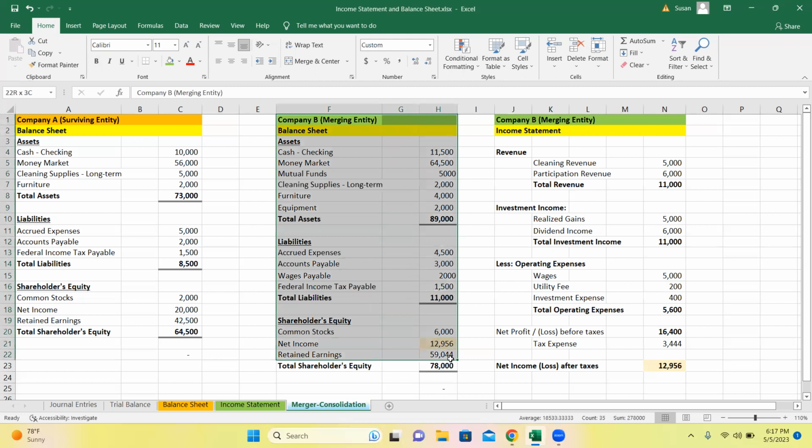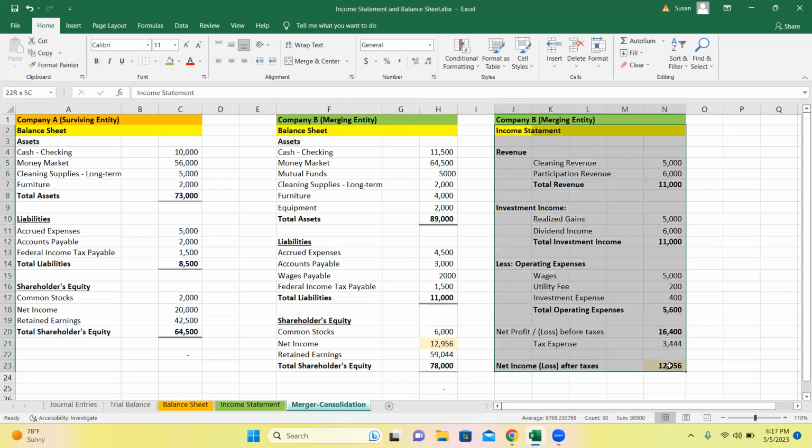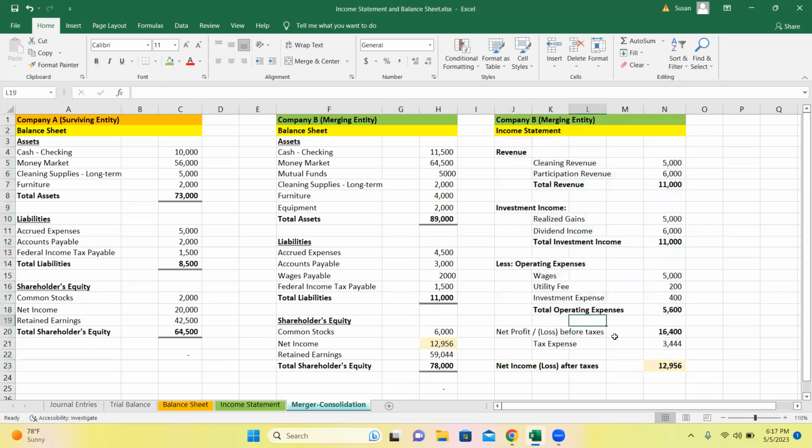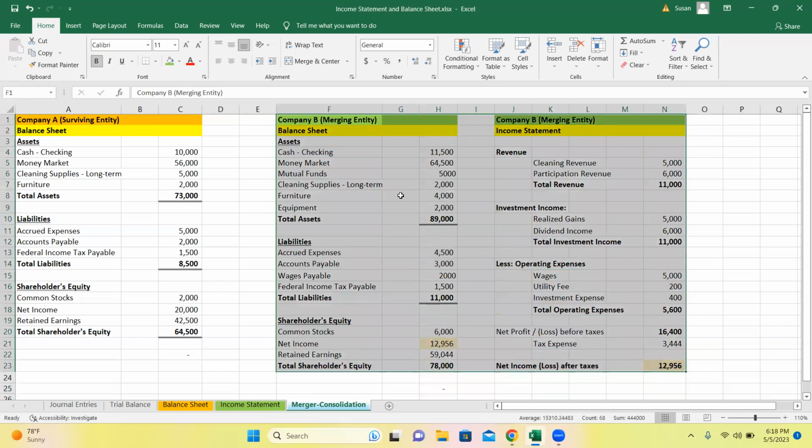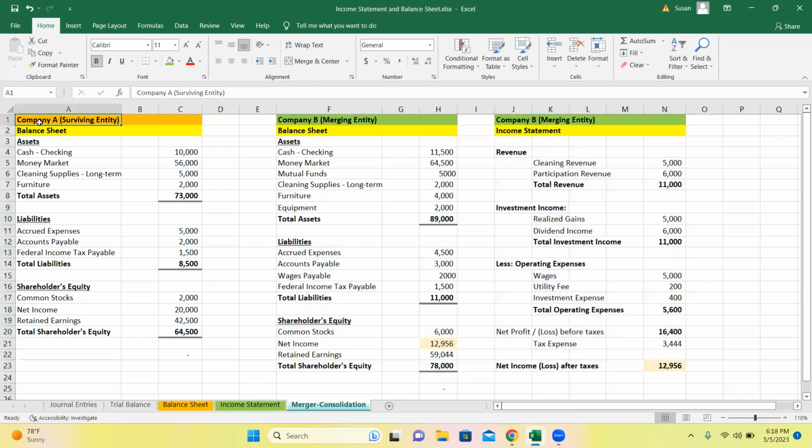This here is the year-to-date balance sheet of Company B, as well as the year-to-date income statement figures. And our goal is to take all of Company B's financial records and merge it to Company A.